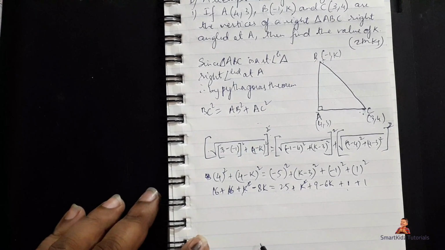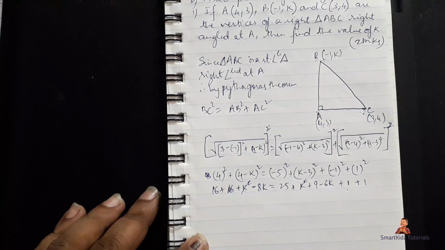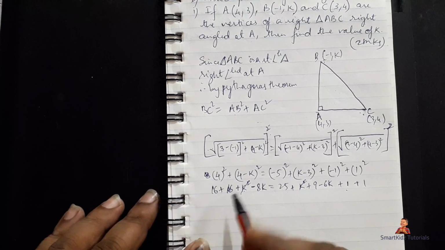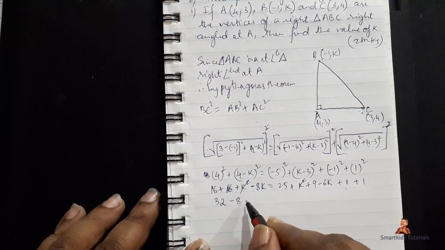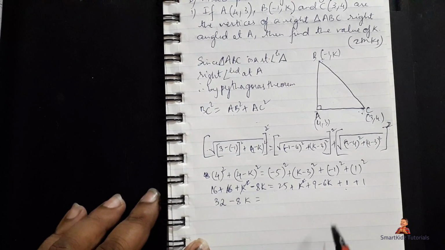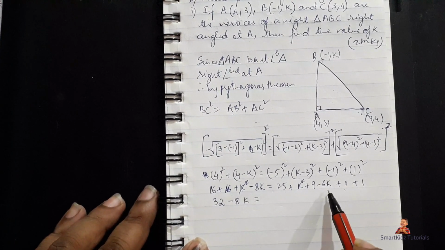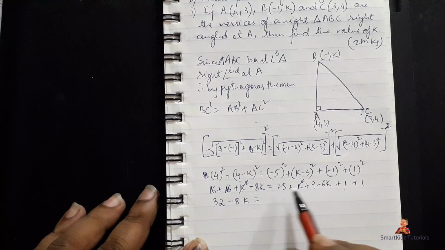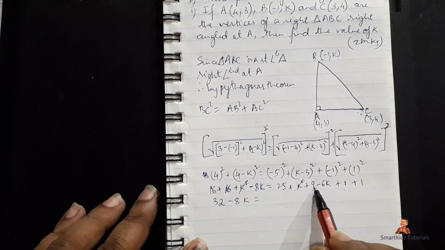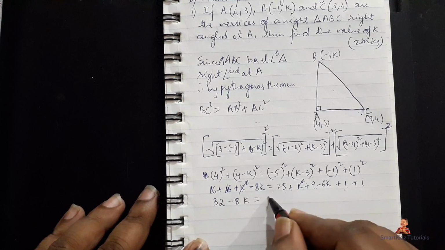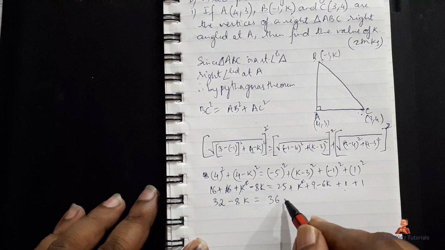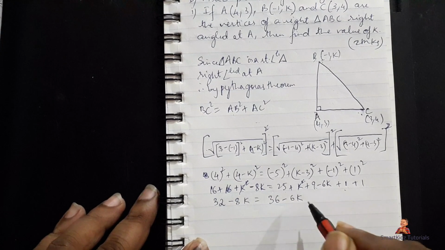Then we have 16 plus 16 would be 32 minus 8k, equal to 25 plus 9 is 34, 34 plus 1 is 35, 35 plus 1 is 36, so 36 minus 6k.